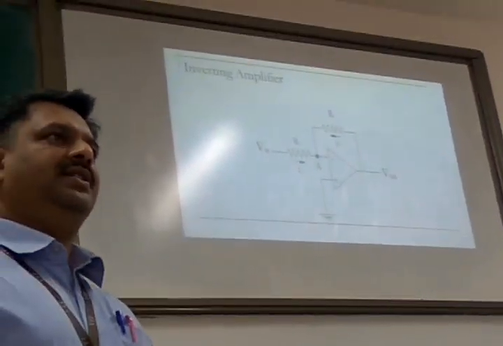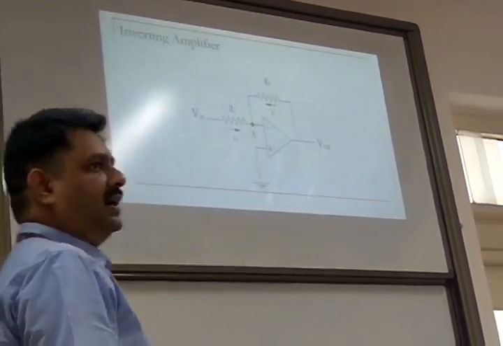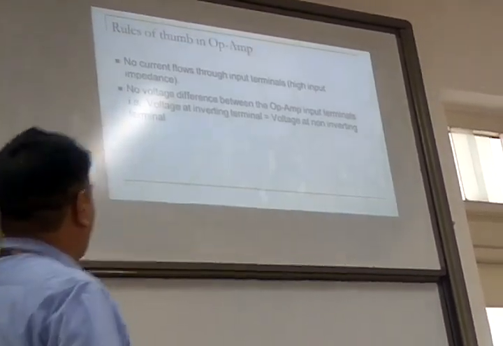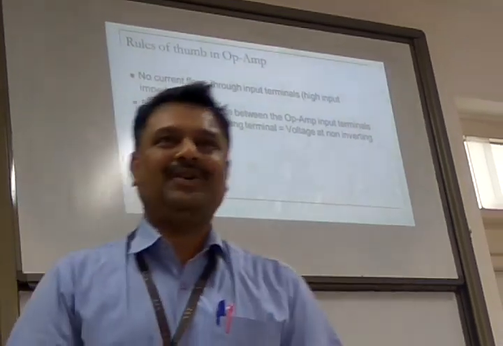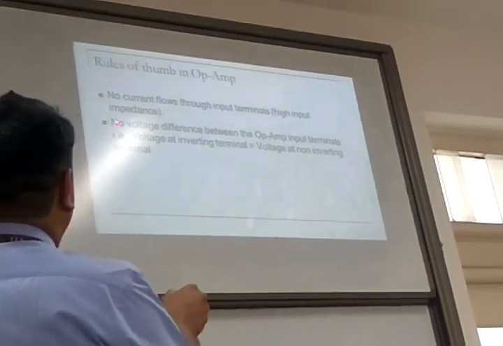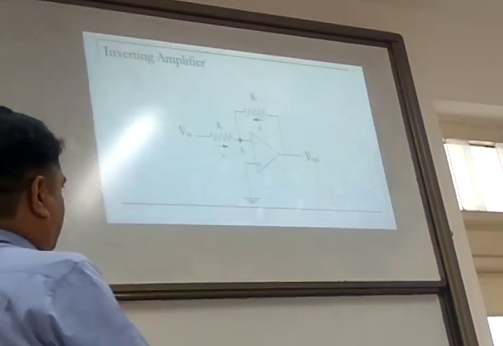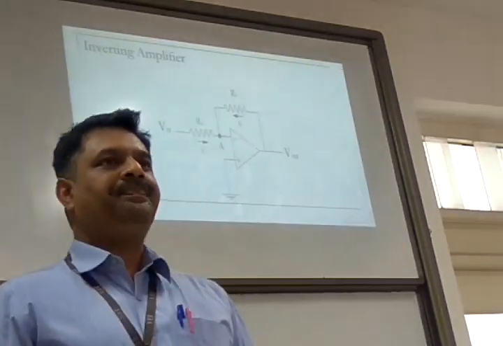To understand the working of the operational amplifier, we should also learn the golden rules of operational amplifiers. What are the golden rules? The first rule says no current flows through the input terminals. We already learned this in another form.